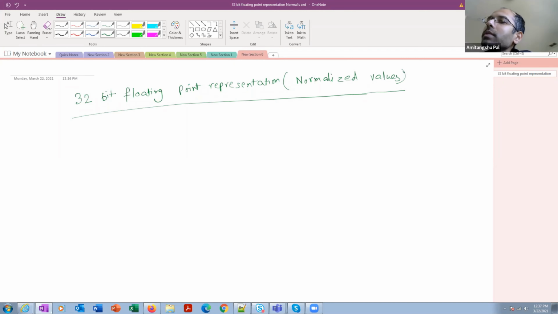So suppose I gave you a 32-bit binary string, and I'm saying that this represents a floating point number. Okay? So how are you going to convert it to its corresponding decimal value? Let's try to understand. All right. So let's call it binary floating point to decimal conversion.